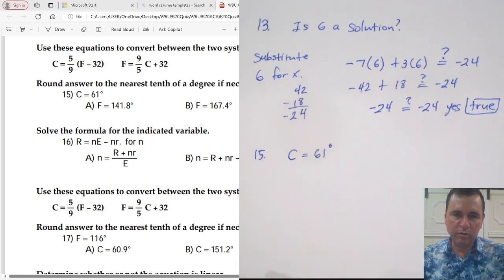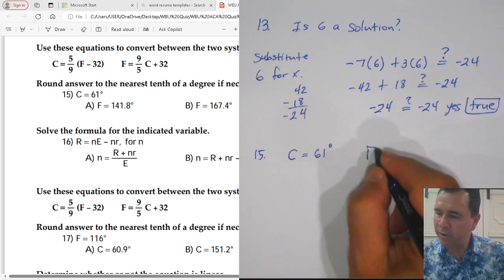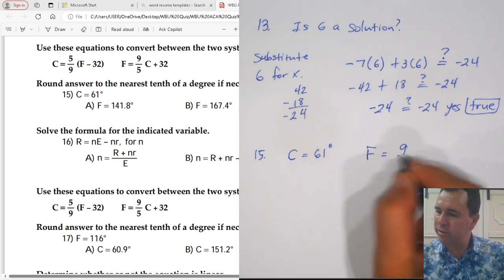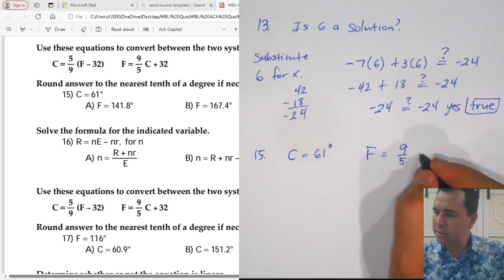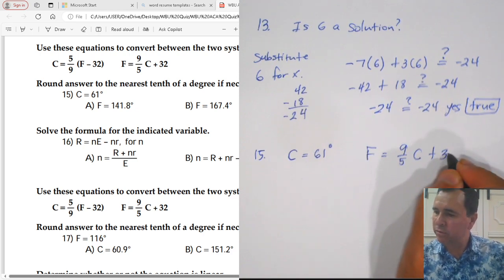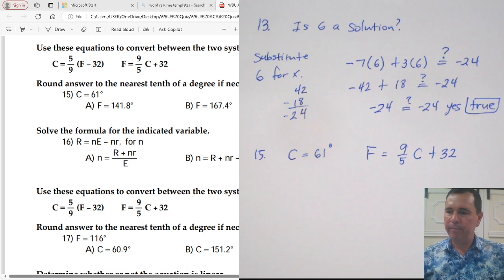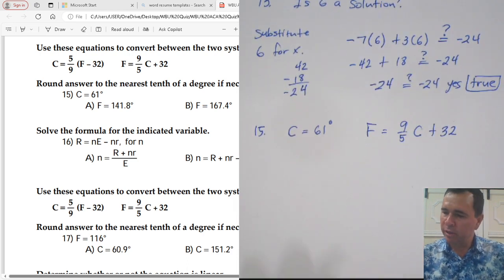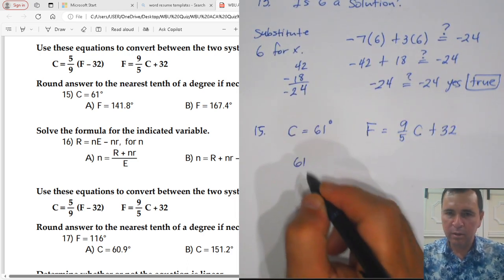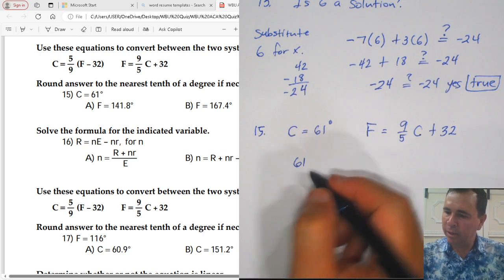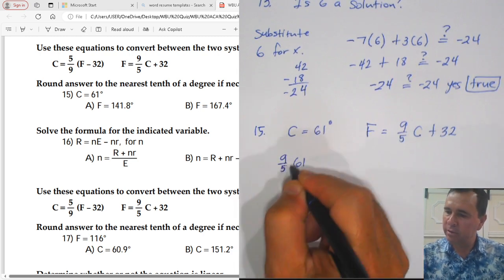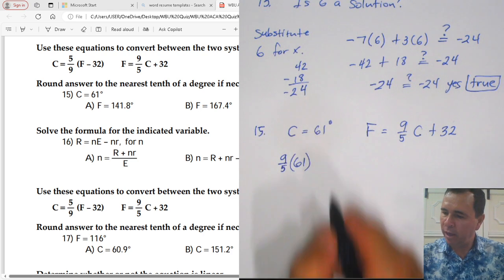How do we convert it to Fahrenheit? Well, the formula says Fahrenheit is equal to 9/5 the Celsius temperature plus 32. So we're going to take the 61, multiply it by 9/5, and then add 32.